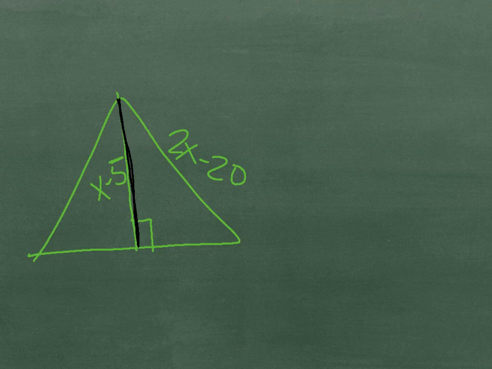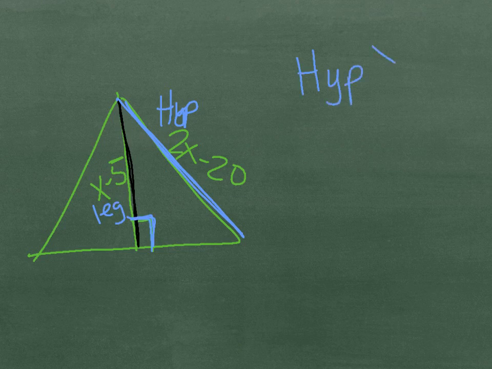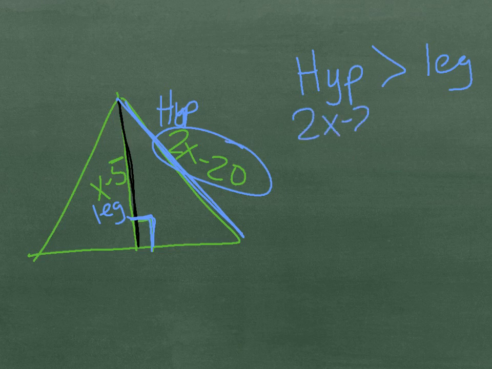Where's our hypotenuse in this situation? Okay, the hypotenuse is right here. So we're looking at the smaller triangle. So this is your hypotenuse, and this value would be your leg. Okay, here's your right angle. So remember, our equation is the hypotenuse has to be greater than the leg. So your hypotenuse is 2x minus 20, so 2x minus 20 has to be bigger than your x minus 5.